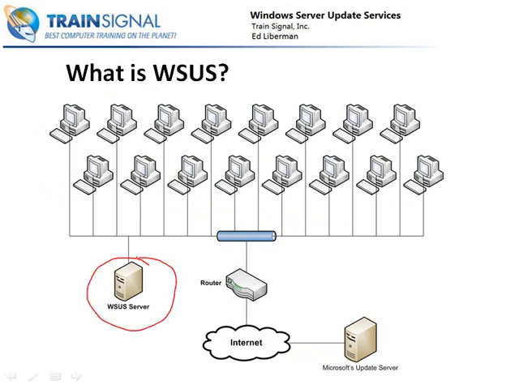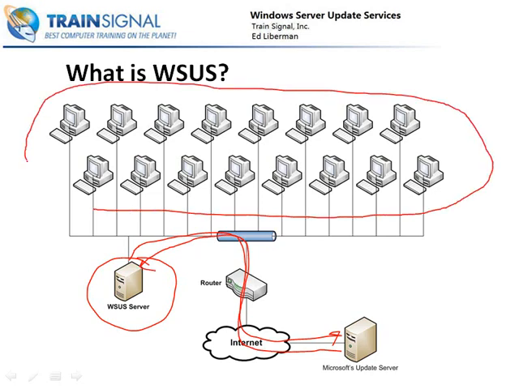See, what happens is the WSUS server will go ahead and go out onto the internet, communicate with Microsoft's update server, and then Microsoft's update server will send those updates just to the WSUS server. Everybody else on the network will now communicate directly with the WSUS server and no longer have to tie up that internet bandwidth.